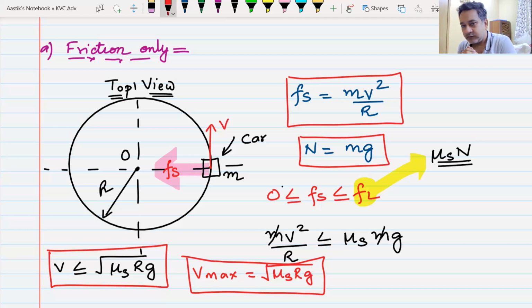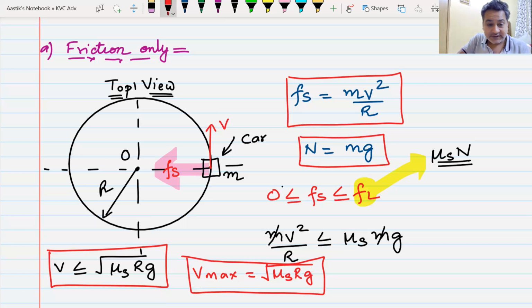A car to run successfully must have static friction. Your Ferrari will not run on ice. Wheels will rotate, but the car will not move. No static friction. This is the maximum value of static friction which can allow your car to turn successfully without sliding and without banging into the person ahead.